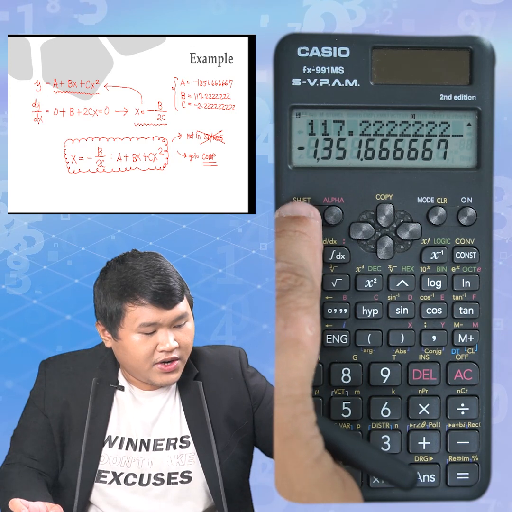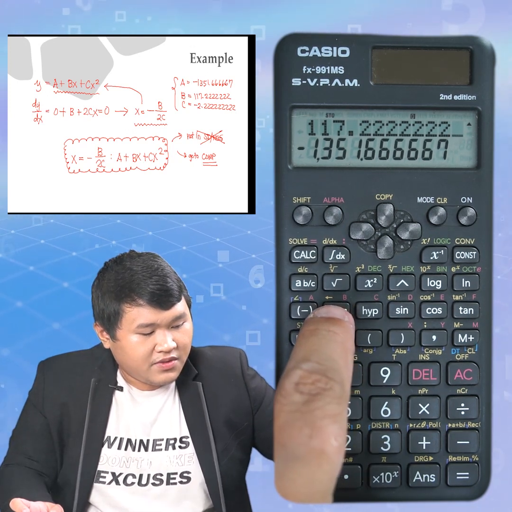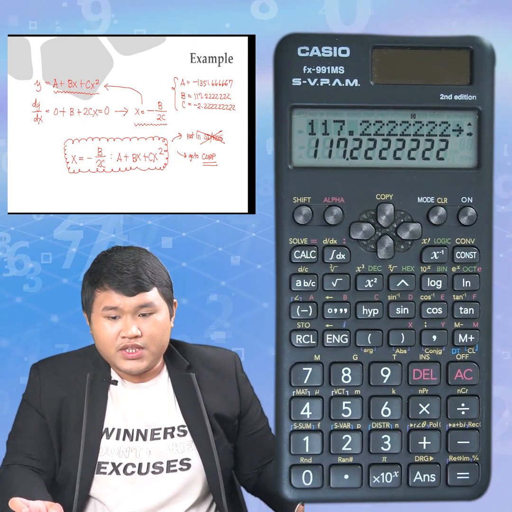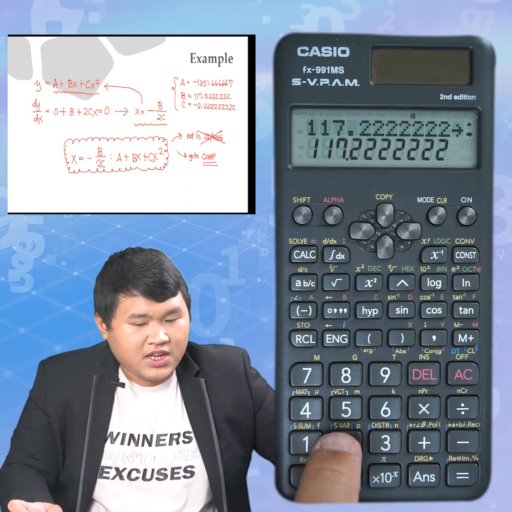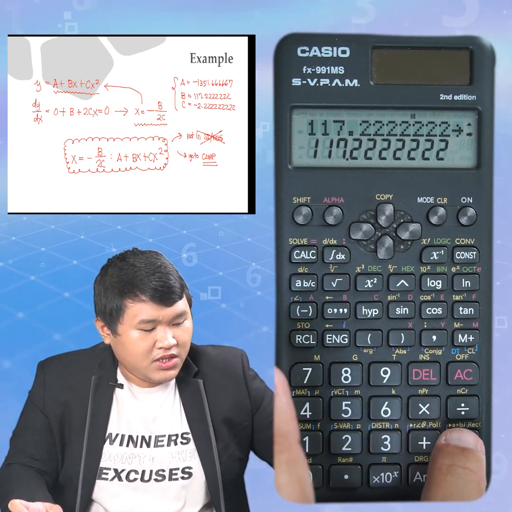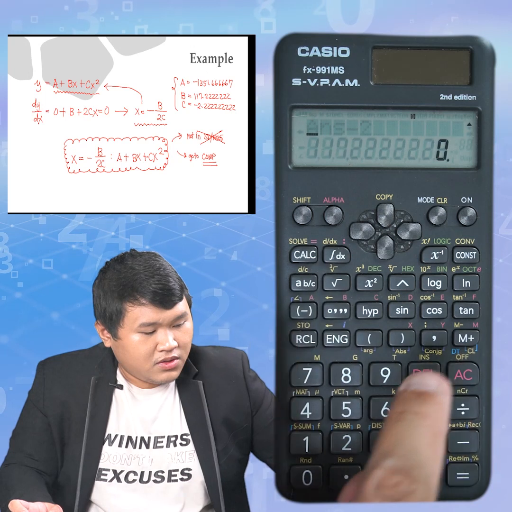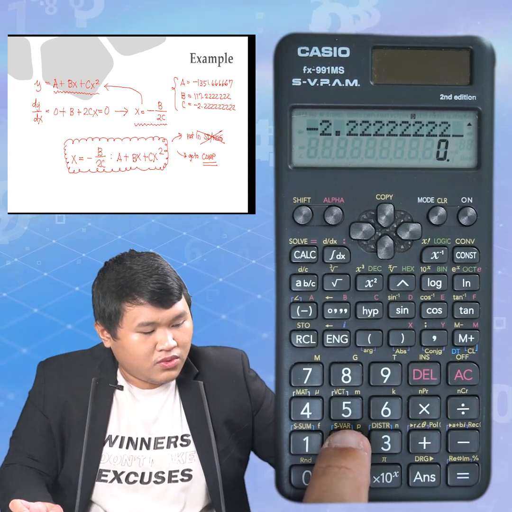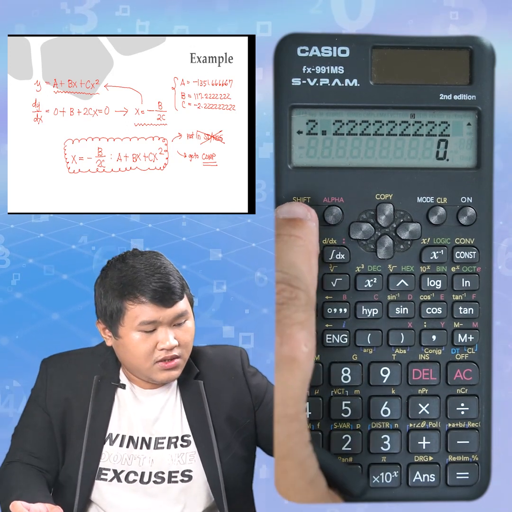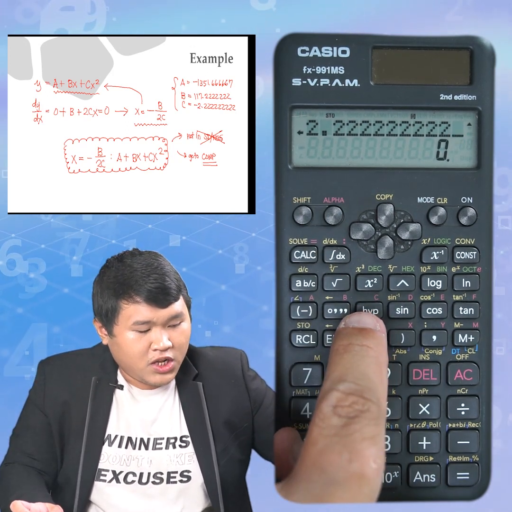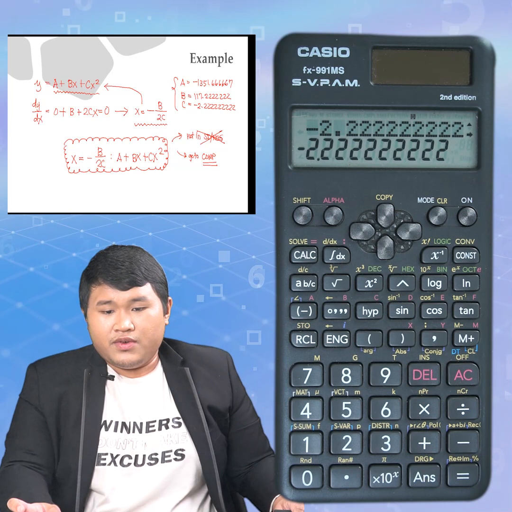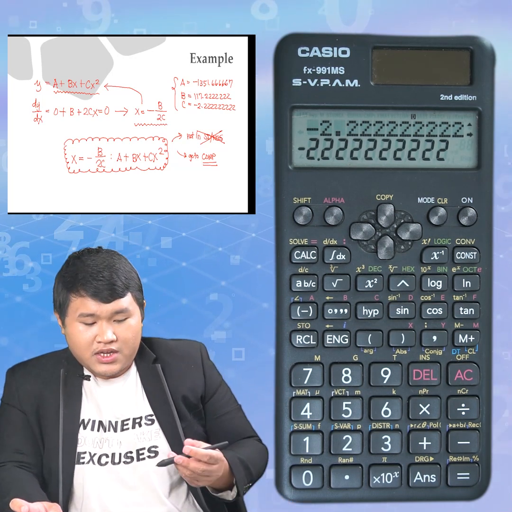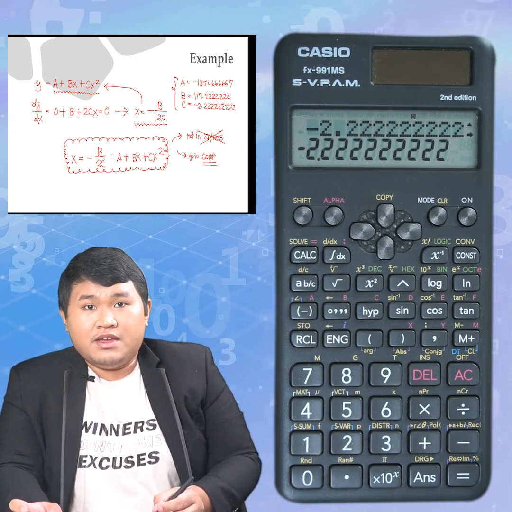Store it in variable B. And finally, the value of variable C, negative 2.22222222, and then store it in variable C. Okay, so we are now done inputting and storing variables A, B, and C.